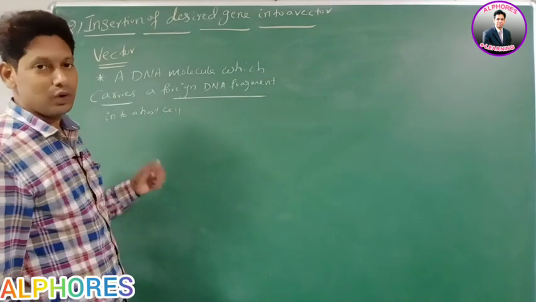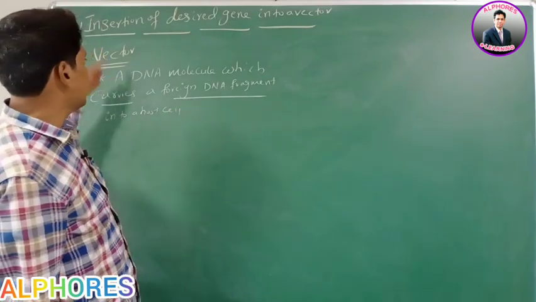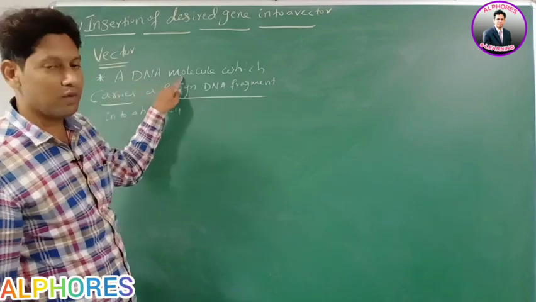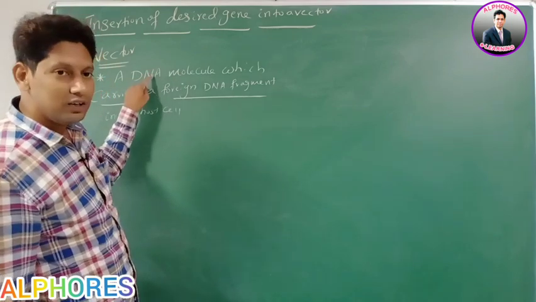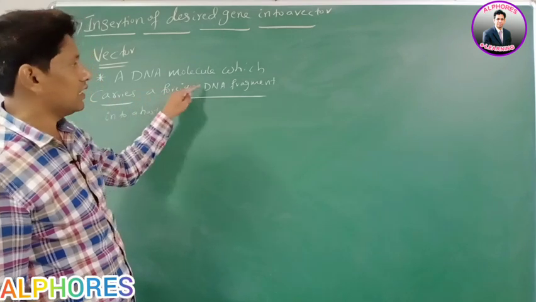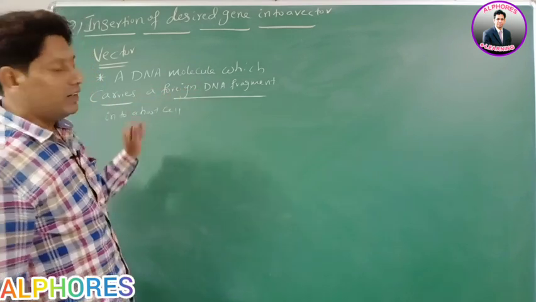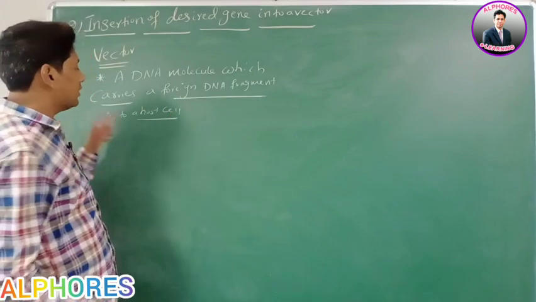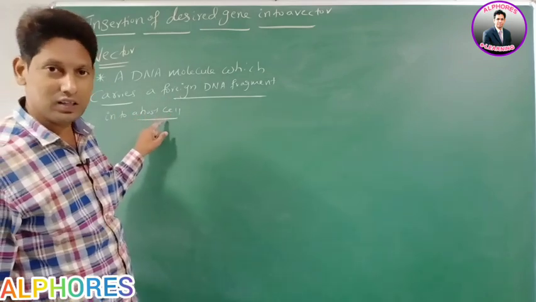Into which cell, sir? Host cell. See this statement carefully. Vector means a DNA molecule. What is this DNA molecule doing? It is carrying. What is it carrying? A foreign DNA fragment. It is carrying that foreign DNA fragment into what, sir? Host cell. Is it okay?